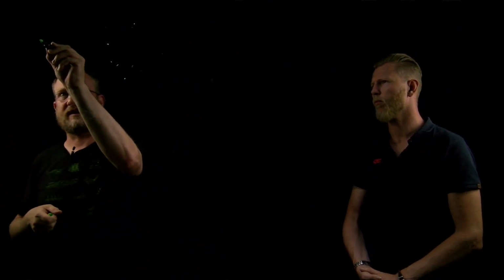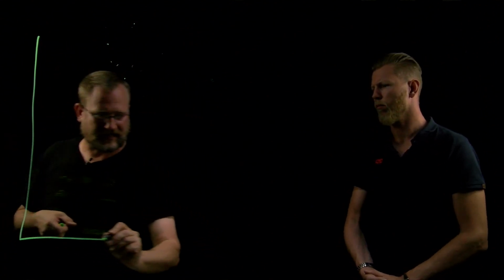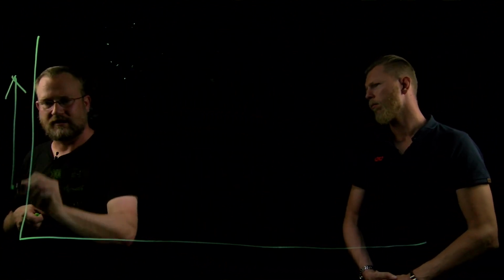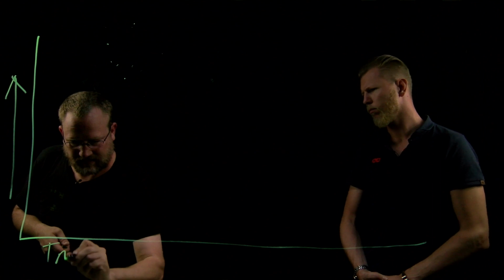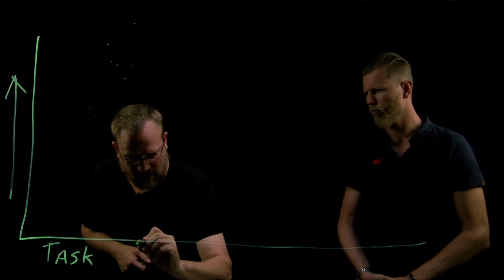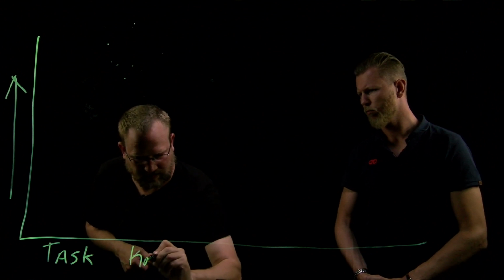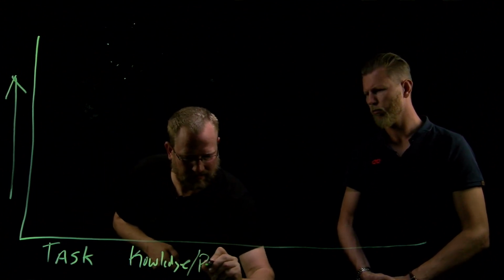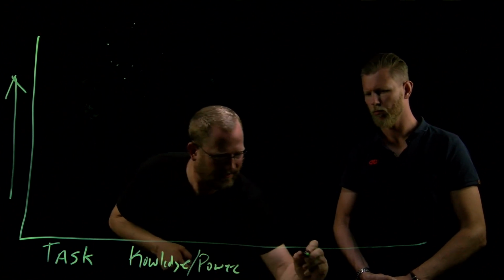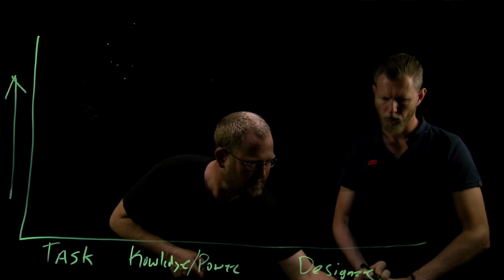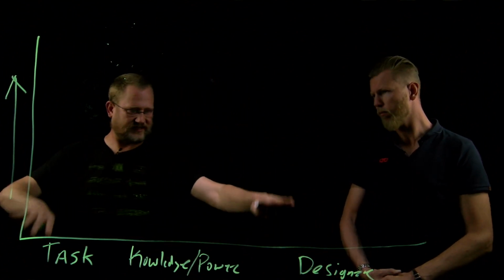So if we come back to this chart, we have higher-end users, and we get into task users here, then our knowledge power users, and then our designers. So we've got our main user types that we deal with here.